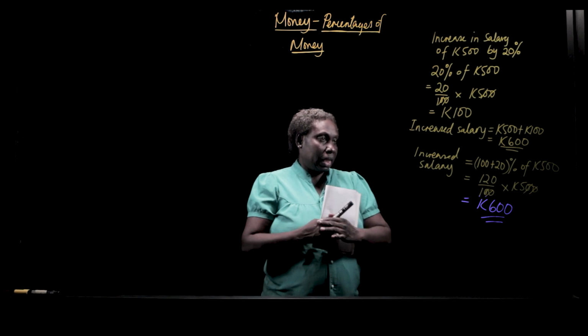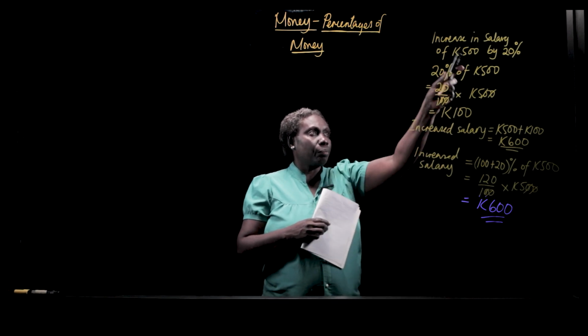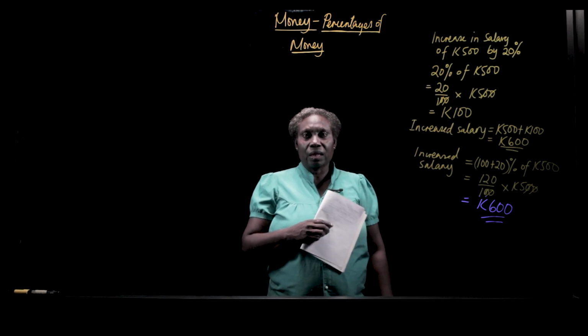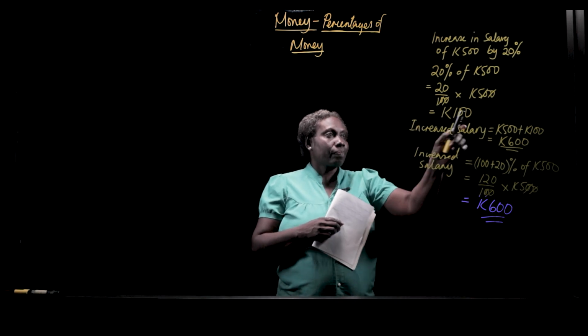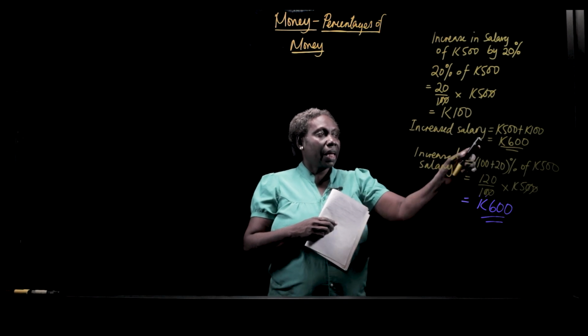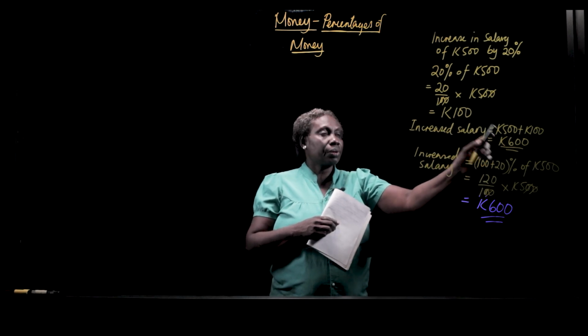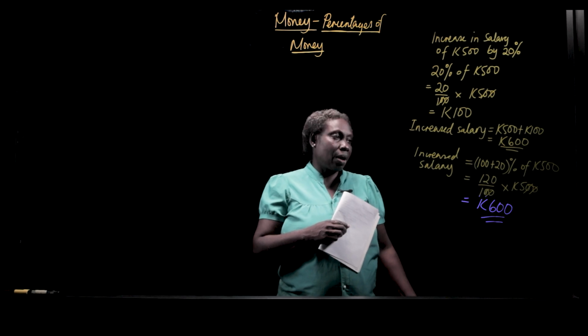So there are two methods in which we can calculate the percentage increase of any amount. One is by finding the percentage increase and adding it to the original amount.